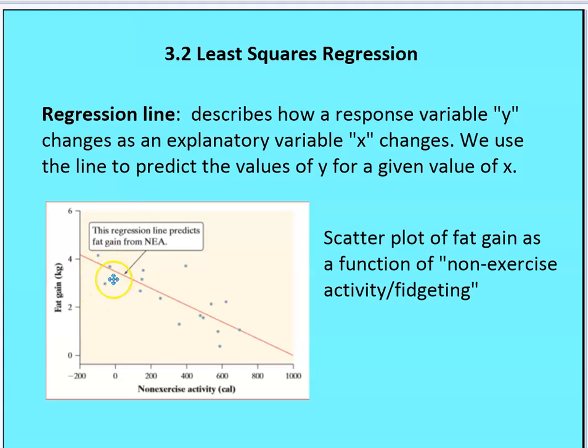So you can see that there are some data points where non-exercise activity decreased, but please notice that this value here would be where the y-axis would go. So the y-intercept is going to be right around this area. All right, so the regression line is describing a relationship between x and y to make predictive estimates based on changes to the x variable.